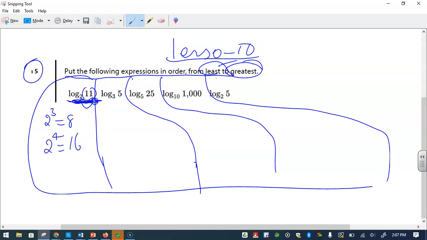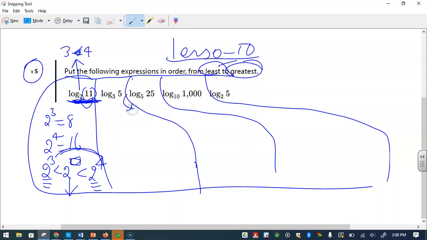So how many 2's do you multiply to get to 11? 2 raised to what number gives 11? That's the box. And remember, this number will be between 3 and 4, because 2 raised to 3 gives you 8 and 2 raised to 4 is 16. So not exactly, but between 3 and 4.